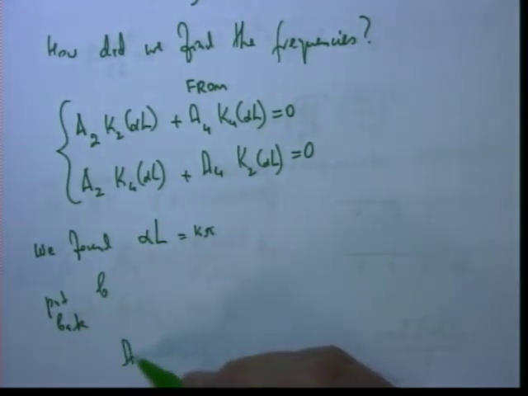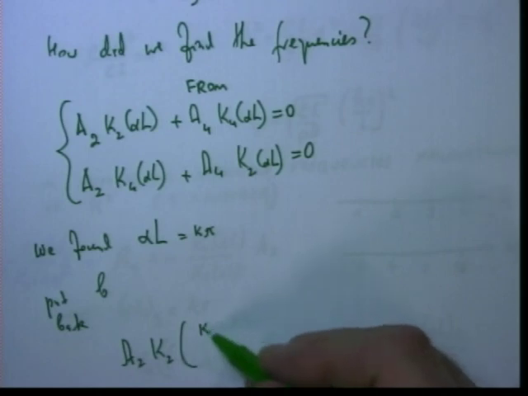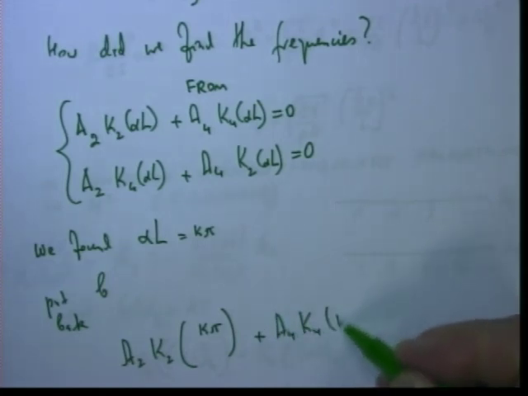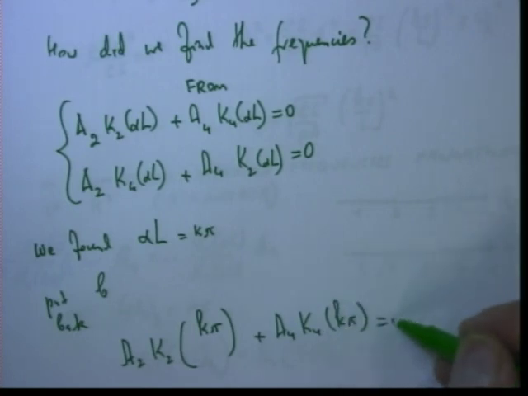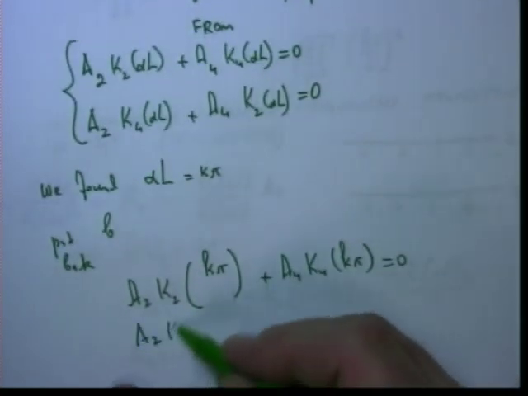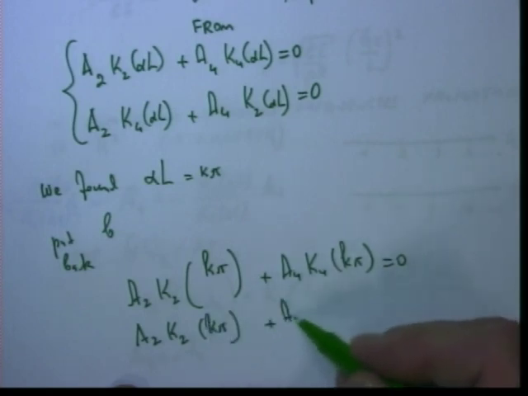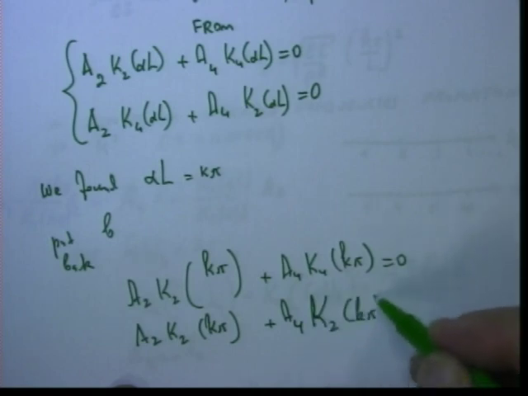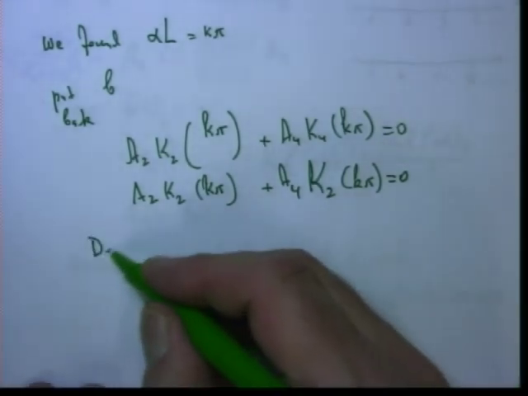So we have A2 K2 of K pi plus A4 K4 of K pi, so that is small k, of course, equals 0. Then A2 K4 of K pi plus A4 K2 of K pi equals 0. So determinant equals 0.